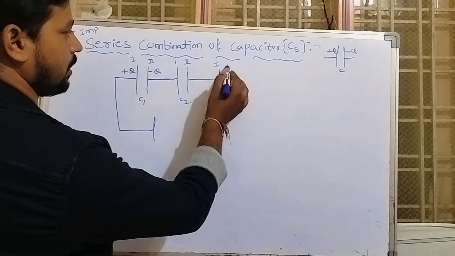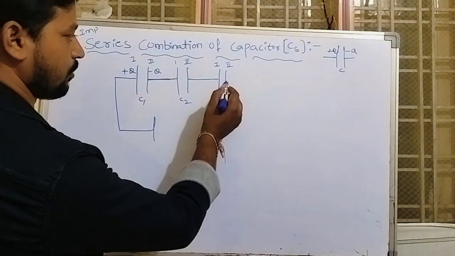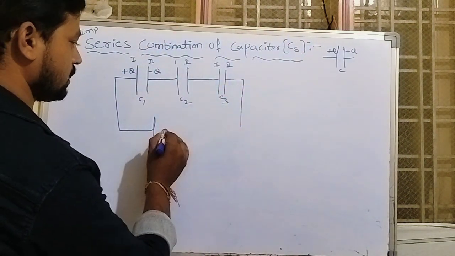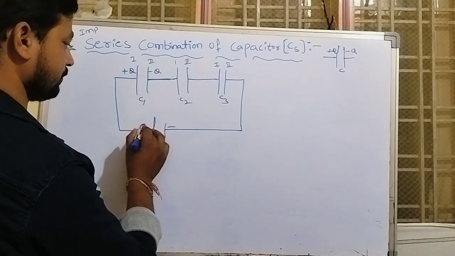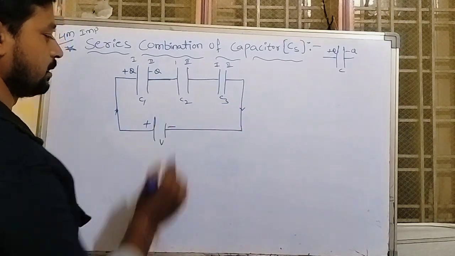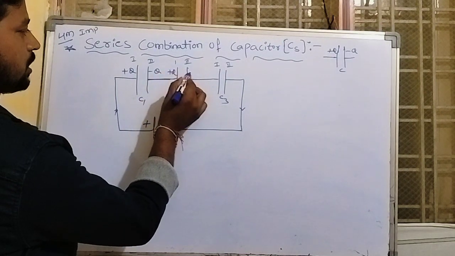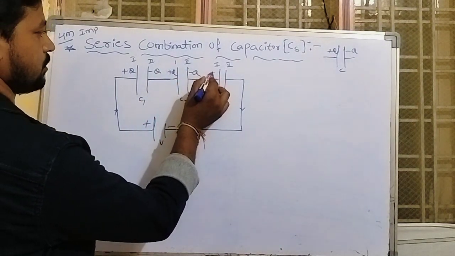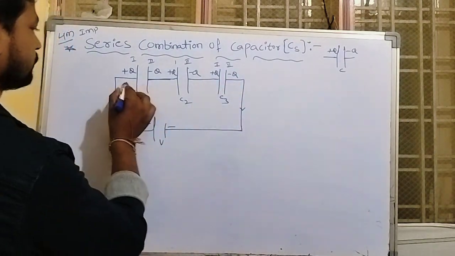The first plate of the first capacitor and the second plate of the third, or last, capacitor are connected to the opposite terminals of the battery. This is the potential difference V. Plus Q charge on the first plate, minus Q charge on the second plate.